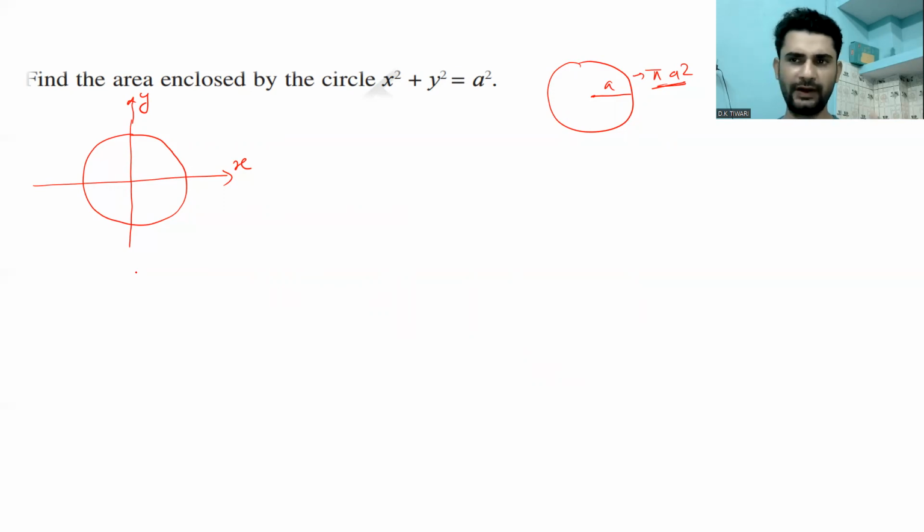So in order to find the complete area, we just find the area of a single part and multiply by 4. We're just going to find the area of the first quadrant, so make the strip over here.